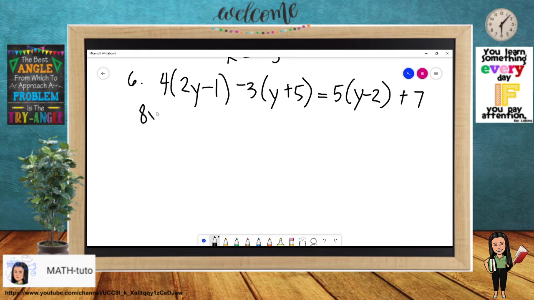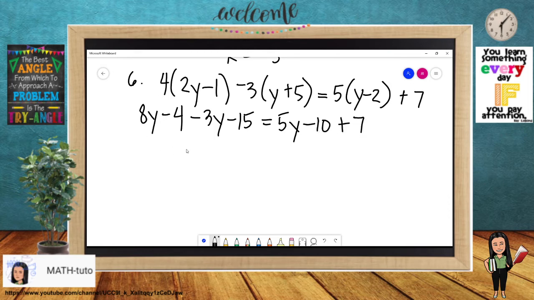This is 8y, apply distributive property, minus 4 minus 3y minus 15 equal to 5y minus 10 plus 7.